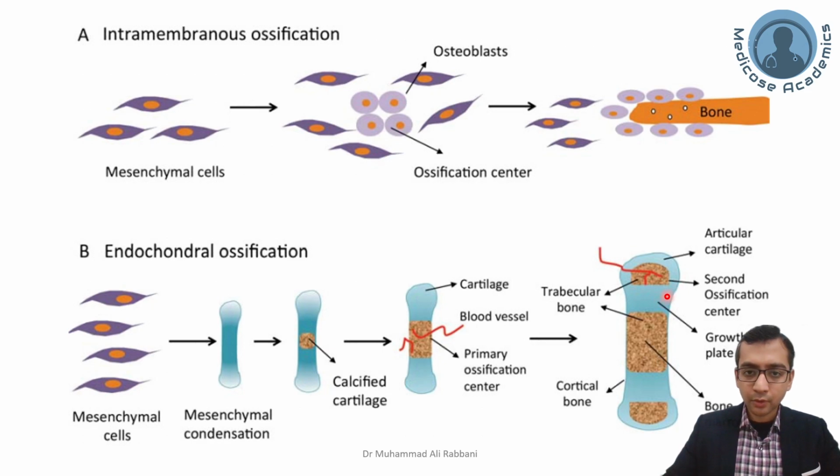As you grow in height, this growth plate continues to give length to the bone till you have grown enough. Then this cartilage also disappears, the secondary ossification center fuses with the primary ossification center, and the bone continues as a single unit.